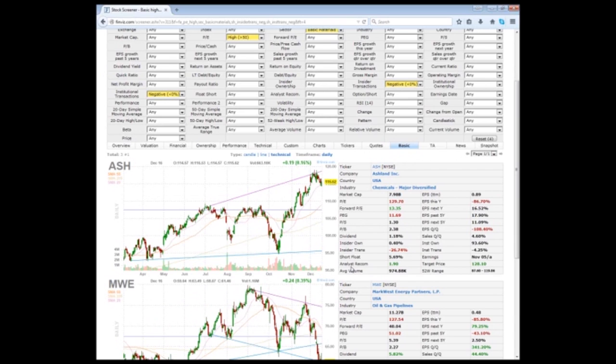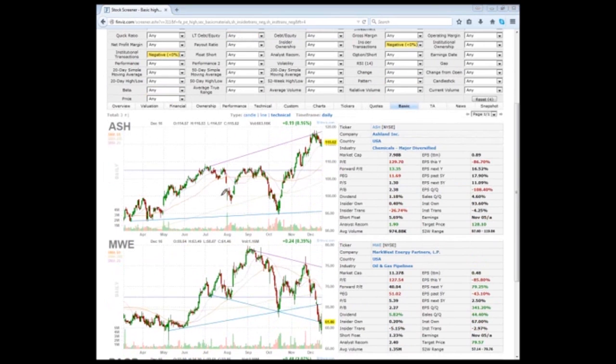So if we were looking at ASH, for example, somebody who's familiar with head and shoulder patterns may notice that on the macro time scale, we may have that head and shoulders.